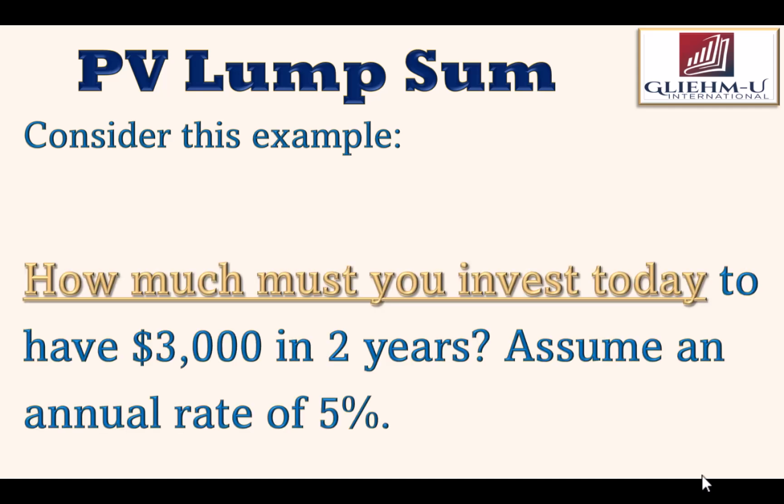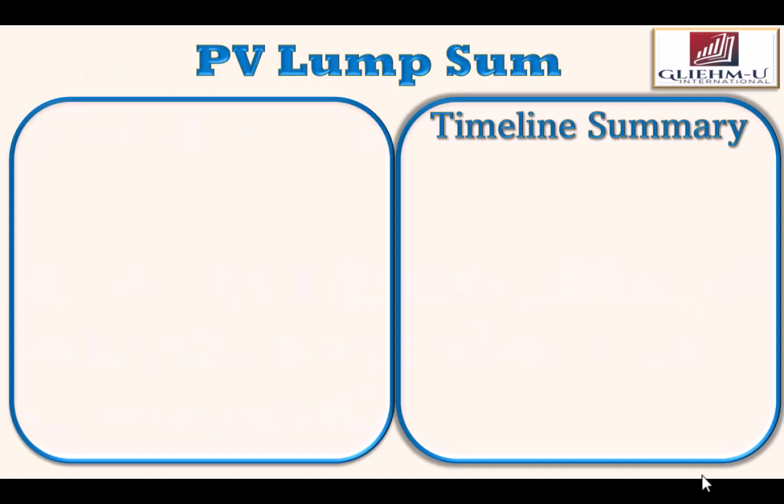So let's consider an example. How much must you invest today to have $3,000 in 2 years, assuming an annual rate of 5%? We're going to restate the problem, and create a timeline as well while we read through the problem again.